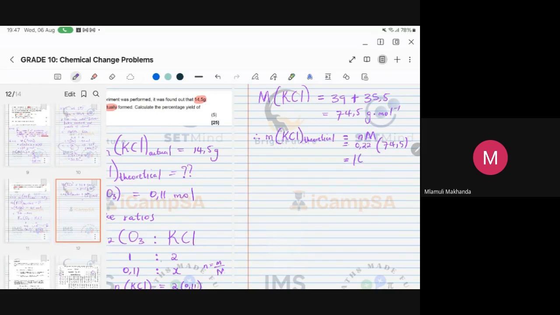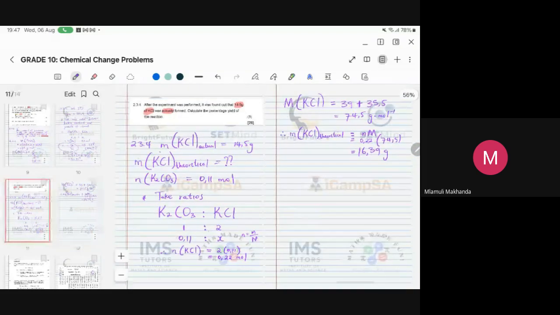This gives us 16.39 grams. So before going to the lab, we would calculate how much KCl we expect to form. In this case, we would find that we expect 16.39 grams. Now, we then go to the lab and do the actual experiment, and we find that we actually form 14.5 grams instead. So what is the percentage yield?